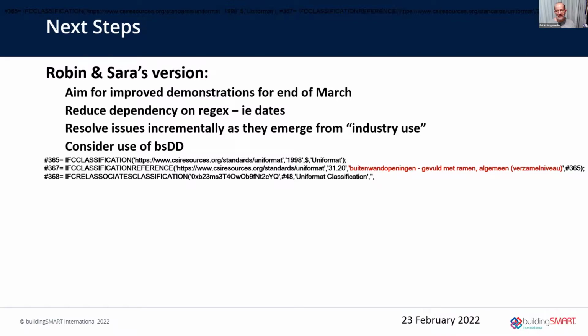One of the goals of IDS is to actually exploit the bSDD definitions, and one of the things that I'd like us to start considering is how we can have those embedded in our files, so that we can internationalize the terms much more readily within information exchange. So that's something that would be much further in the future, I would expect.